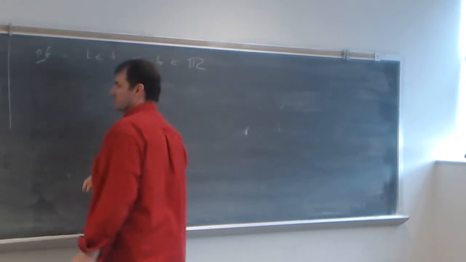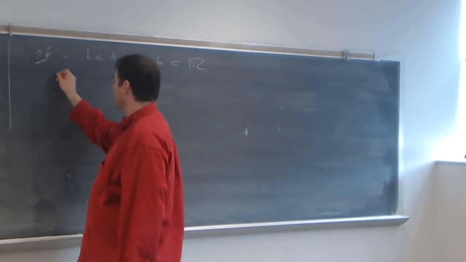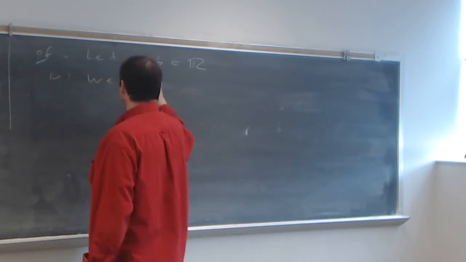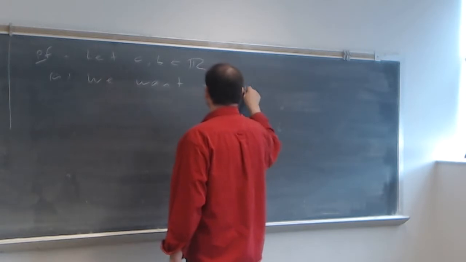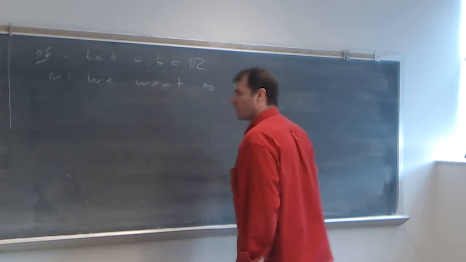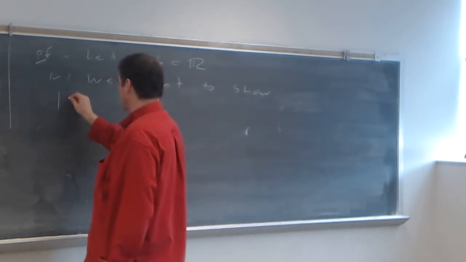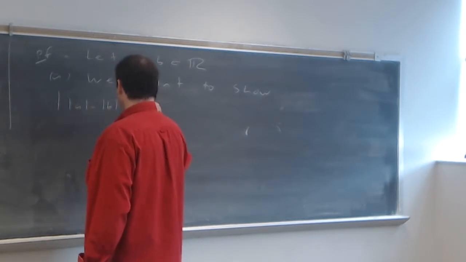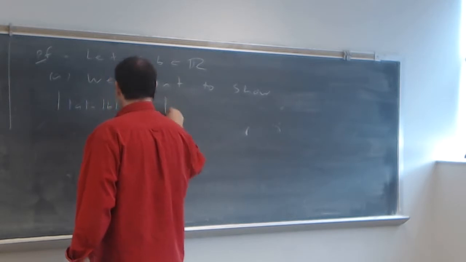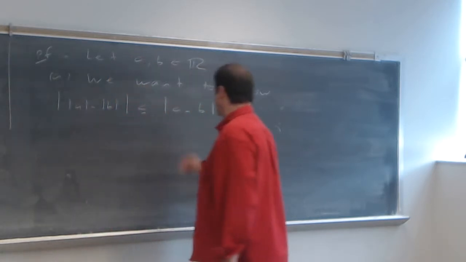So for any 2 real numbers, these statements are true. Here's part A. For part A, we want to show that the absolute value of the absolute value of A minus the absolute value of B is less than or equal to the absolute value of A minus B.